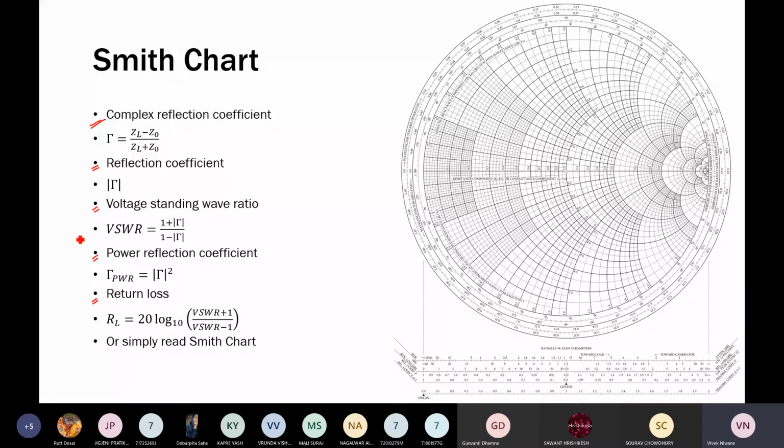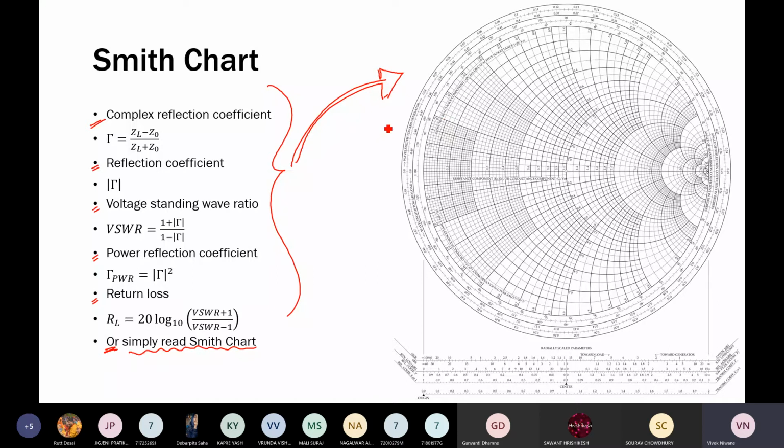You have all these formulae. You can go mathematically, or you can solve all these formulae in a graphical way by making use of the Smith chart.